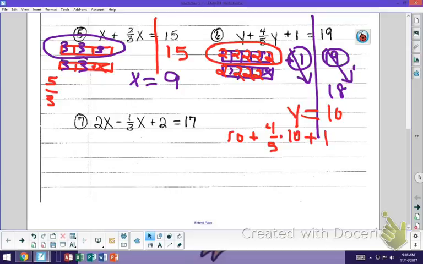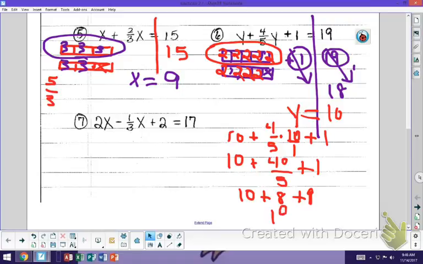I'll go vertically down. So 10 plus, make that a fraction, 4 times 10 is 40, divided by 5, plus 1. 40 divided by 5 is 8, so we have 10, plus 8, plus 1, which is 19. So it checks.